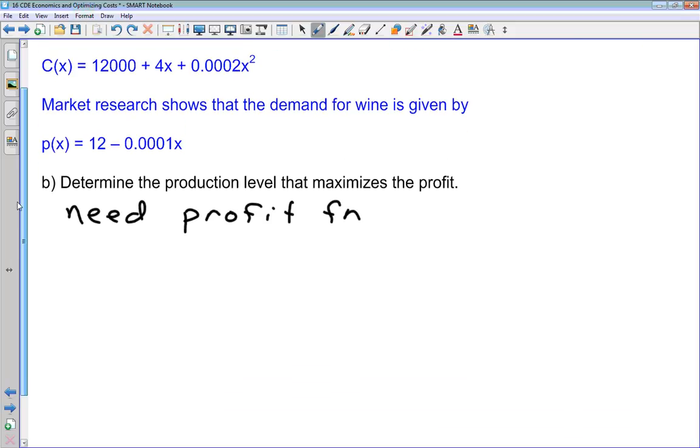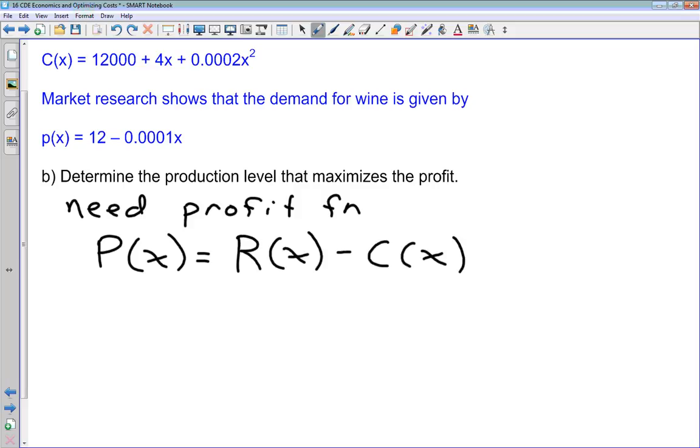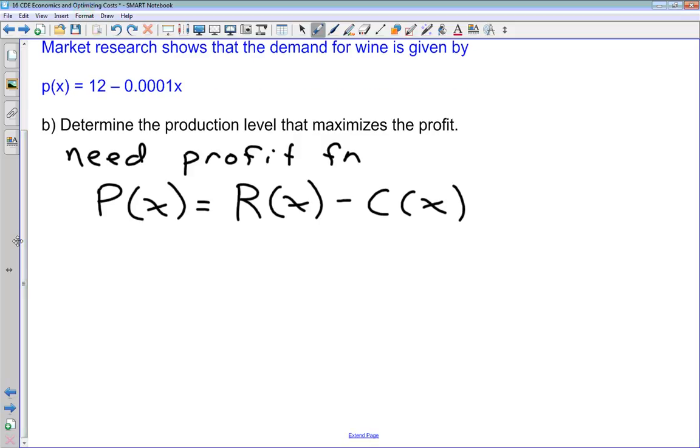So our profit function is, capital P at x is r at x, revenue function, minus c at x, cost function. We know how to get our revenue function. We figured that out in the last question, so we can just copy that over.